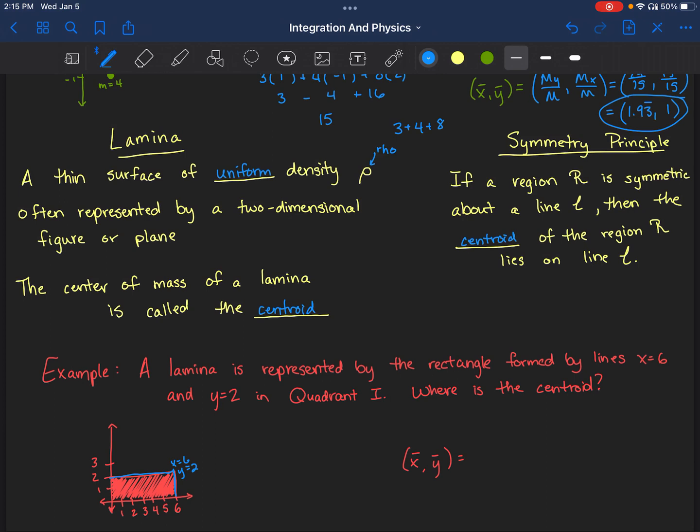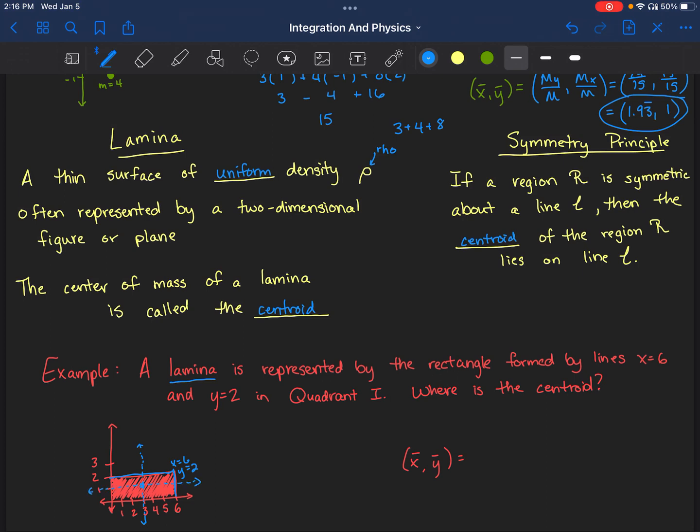So here we have a nice, beautiful, symmetric region. And so really and truly, all I have to do is, since it's a lamina, which is uniform in density, its center of mass should literally be in its center. So I'm going to look for its line of symmetry, which is the vertical line of symmetry that splits it in half, and the horizontal line of symmetry goes that way.